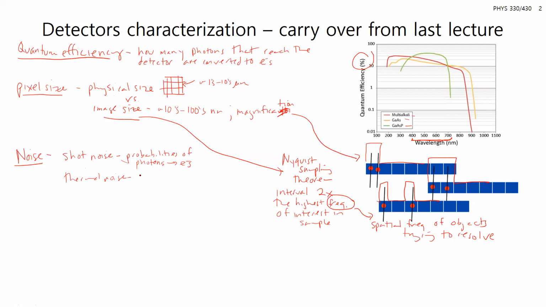Thermal noise, I would say liquid nitrogen would be used to cool detectors for CCD detectors probably about 20 years ago. You'll still see this for cameras that you might find that are a little bit dated.